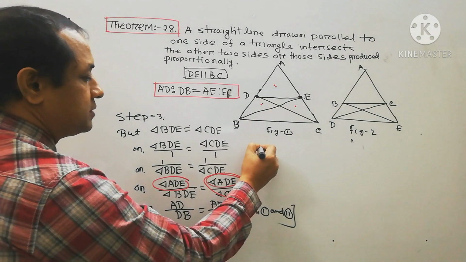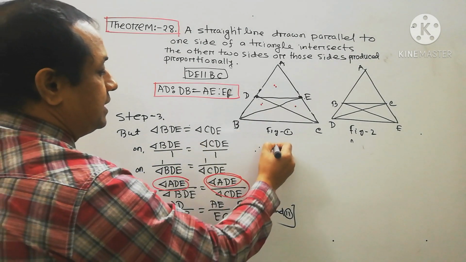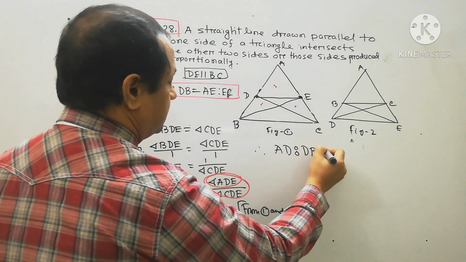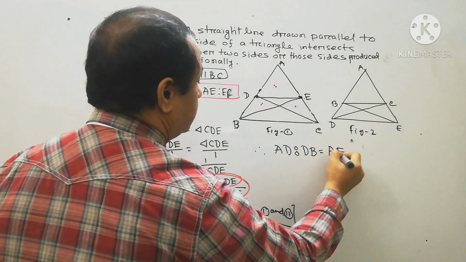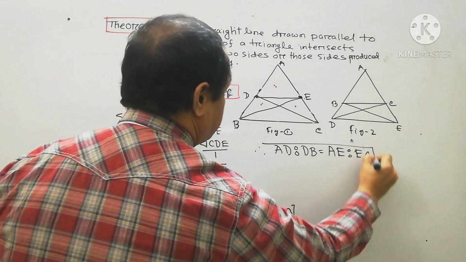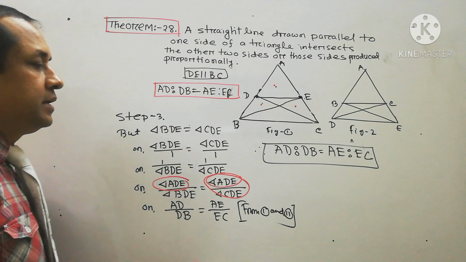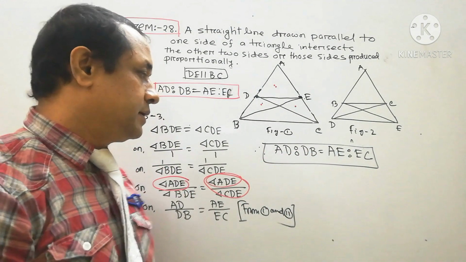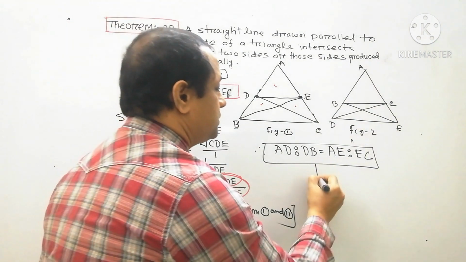Then we can write AD is to DB equals AE is to EC. Proved.